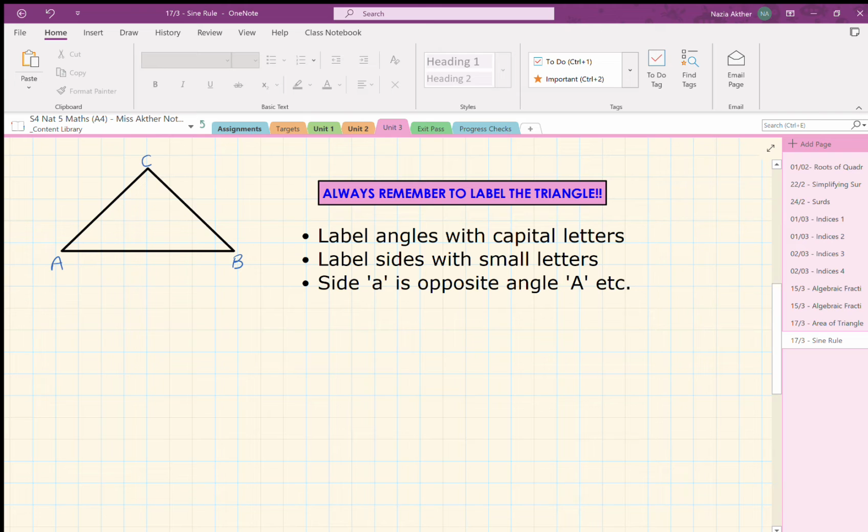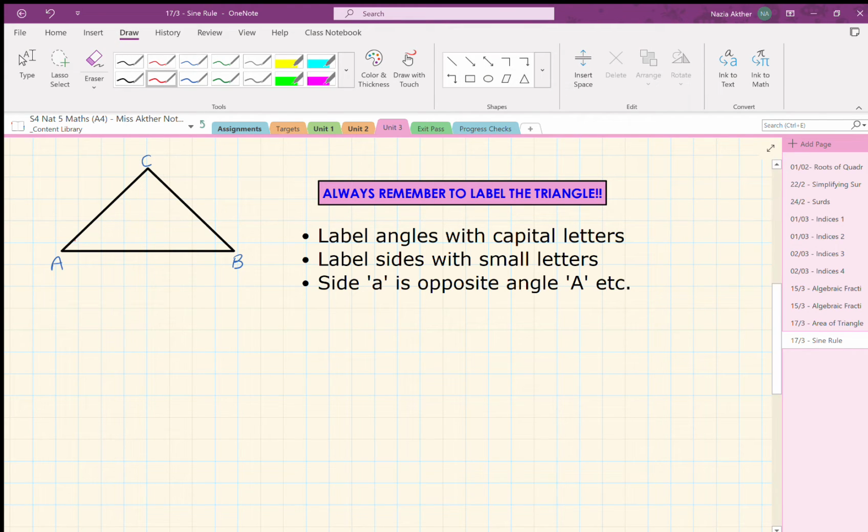Then we need to label our sides. To do that, we look at one of the sides. Let's take this side here. Because this side is opposite angle A, it will be labeled with lowercase a.